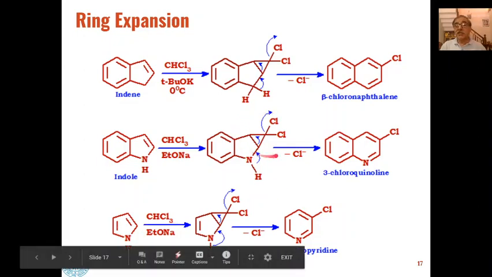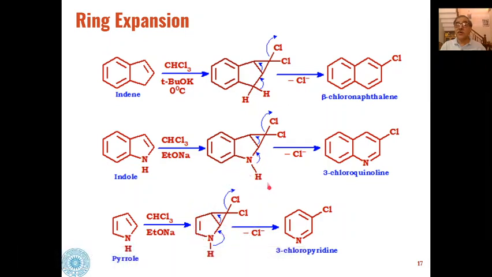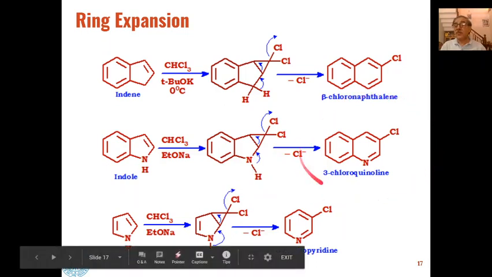And then these types of dichlorocyclopropyl derivatives are formed, and these derivatives undergo ring expansion with the removal of HCl from here, and we will get 3-chloroquinoline and 3-chloropyridine as product in both the cases. And you can see that both these products, again, are aromatic products.